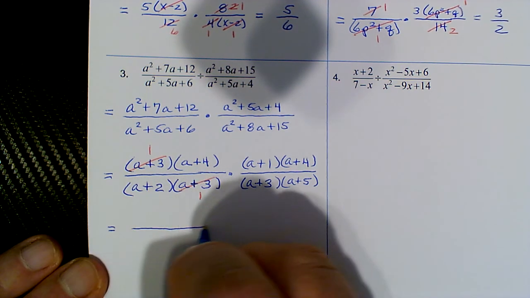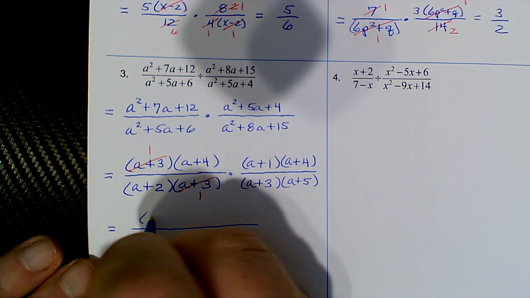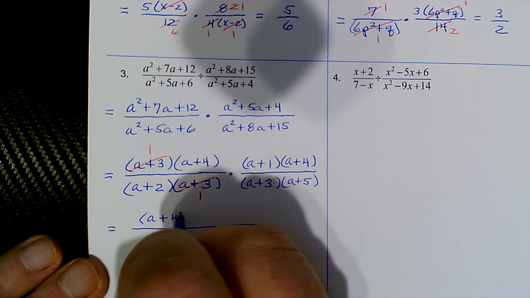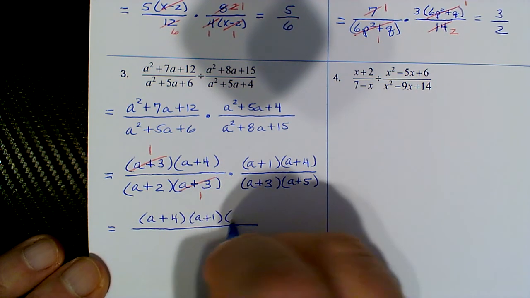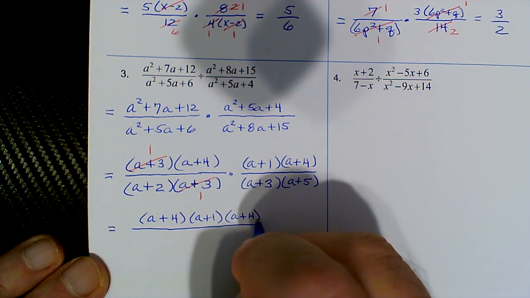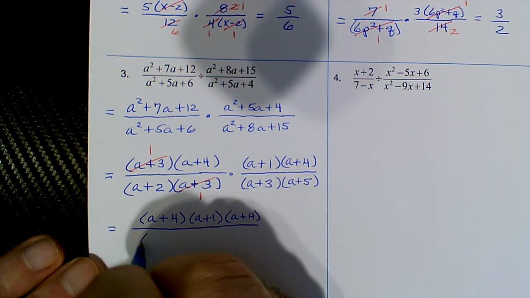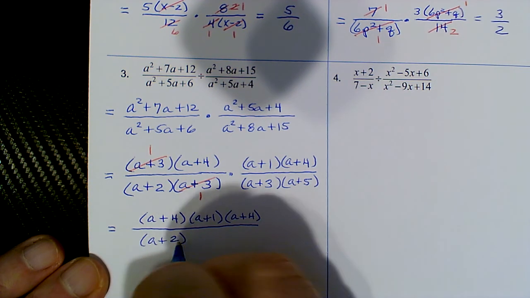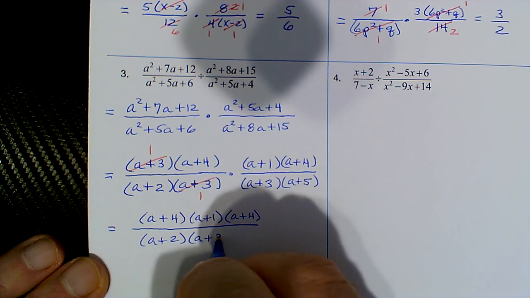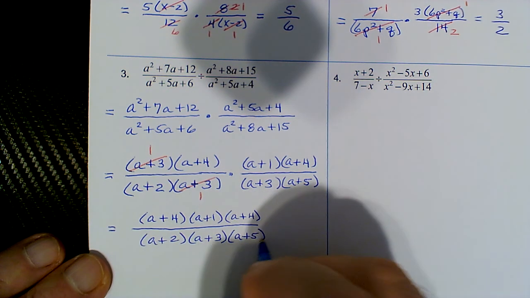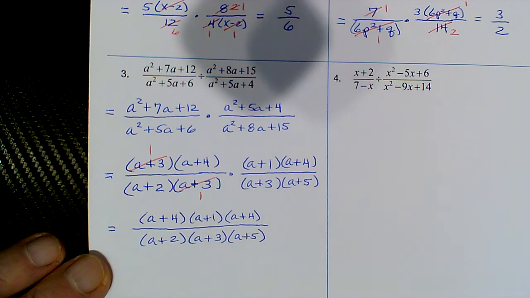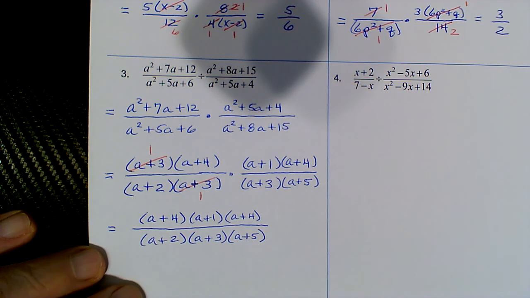So we have something a little cumbersome looking here: a plus 4, a plus 1, another a plus 4 over a plus 2, a plus 3, and a plus 5. As long as we're confident in our factorizations, that's pretty much all we can do.